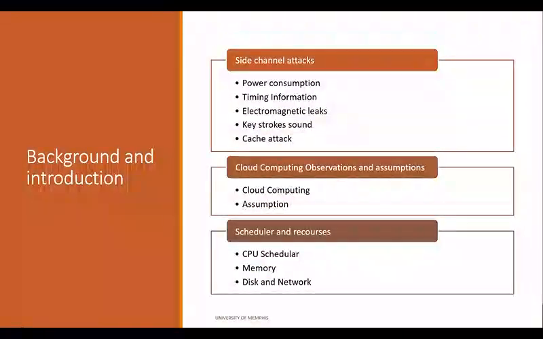RFA, or resource freeing attack, is one of those kinds of attacks called side channel attacks. So I'll give some introduction about what side channel attacks are, with some examples. Then I'll give some cloud computing observations and assumptions, and we'll talk about the resources that will be used and discussed in this paper.